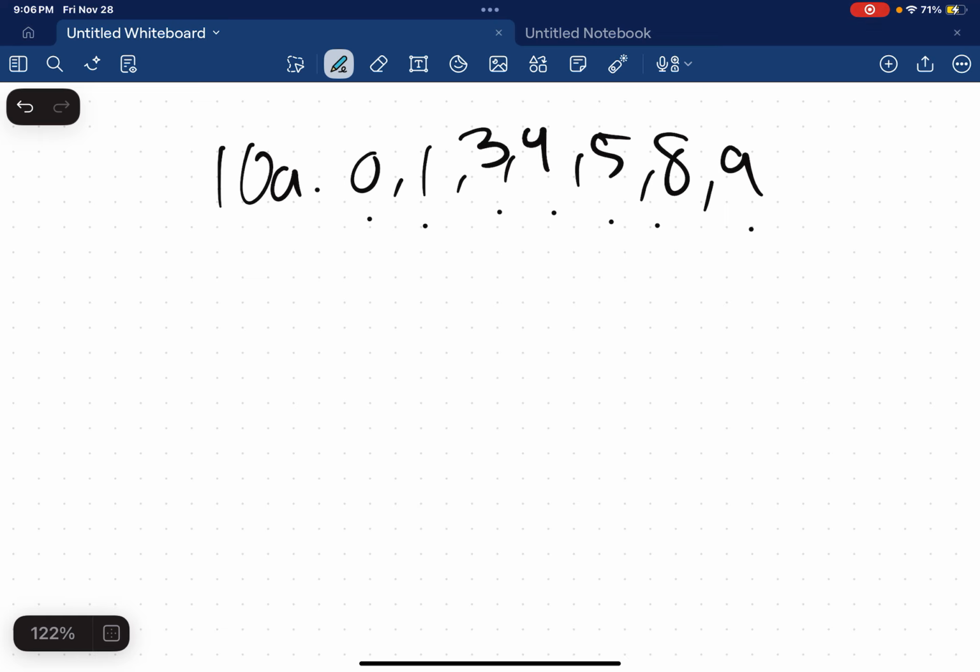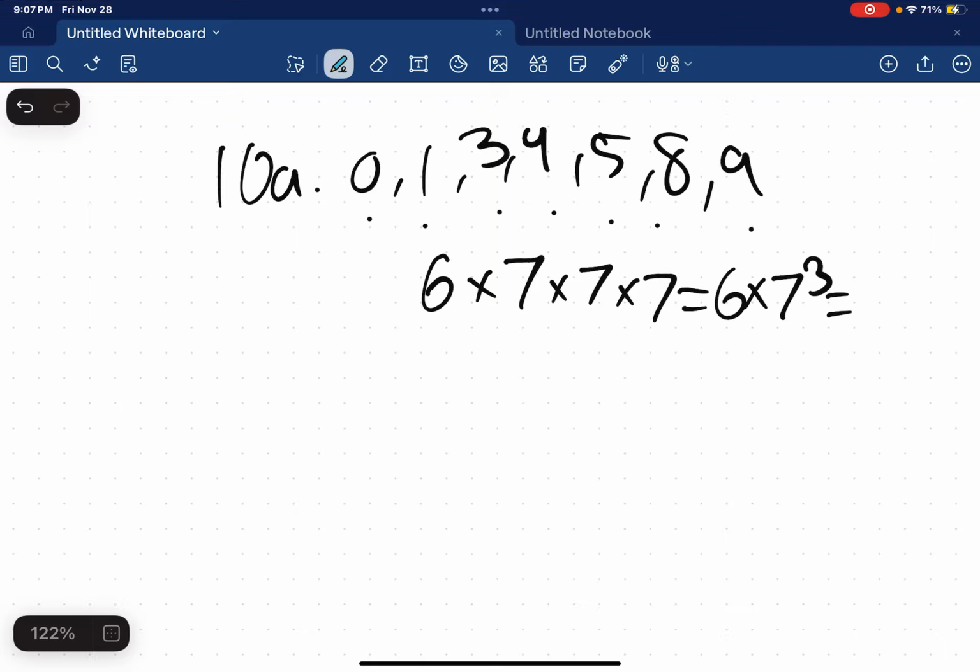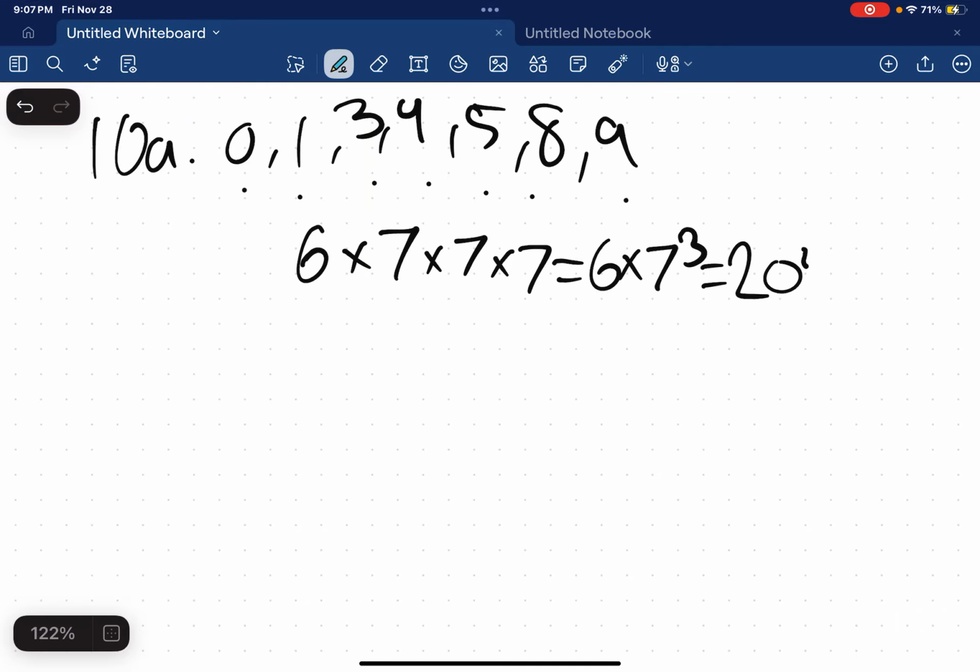But since our first number cannot be 0, there are only 6 digits to choose from. And from there on out, there are 7 digits to choose from, and then another 7 digits, and then another 7 digits, which is just 6 times 7 cubed, which is equal to 2,058 different numbers you can make.